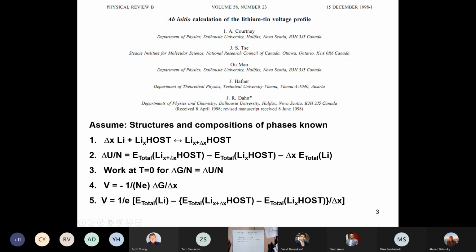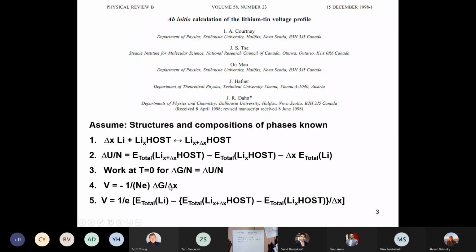So all you have to do is calculate the total energies of these different materials and also lithium metal, and know how much lithium is transferred when you move from one alloy phase to the next. And like I say, if you work at T equals 0, delta G is the same as delta U. And the voltage is minus 1 over nE times delta G over delta x.